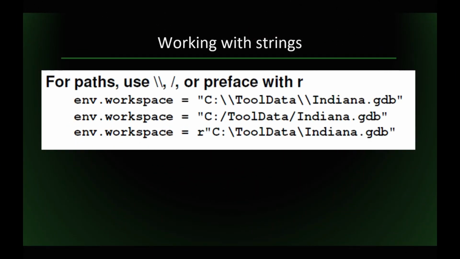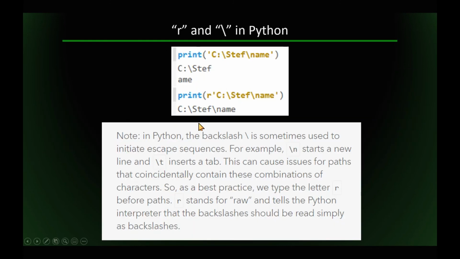Here is a summary of what I just demonstrated. We have three options to type our paths: double backslash, single forward slash, or single backslash with an R in front of the quotation marks. The same thing that just happened to me happened when I had a folder called new data.